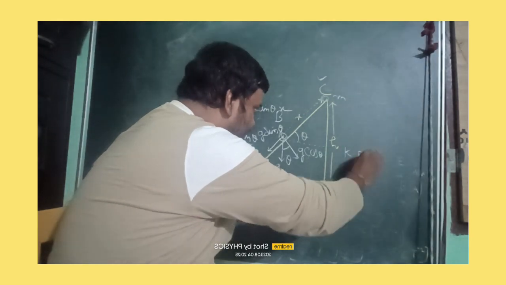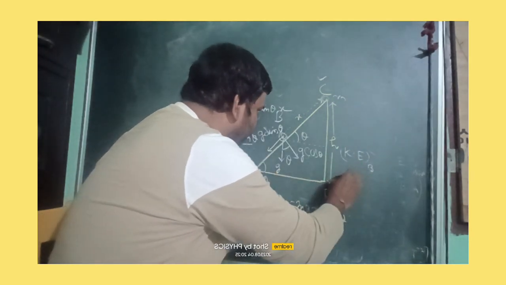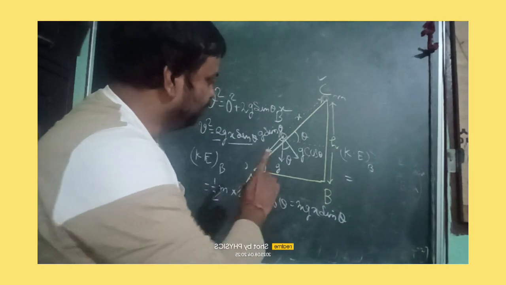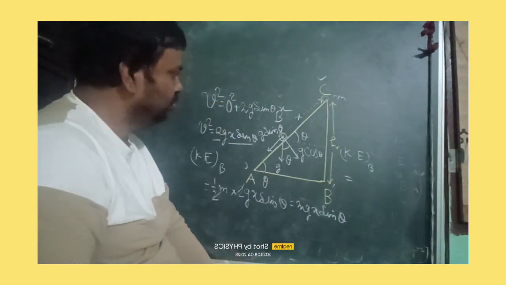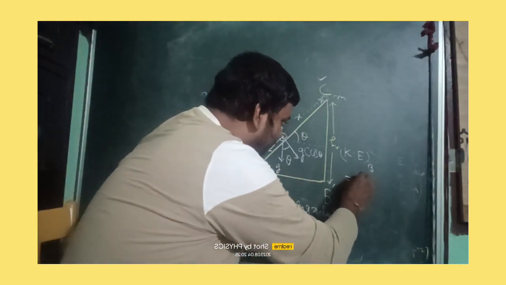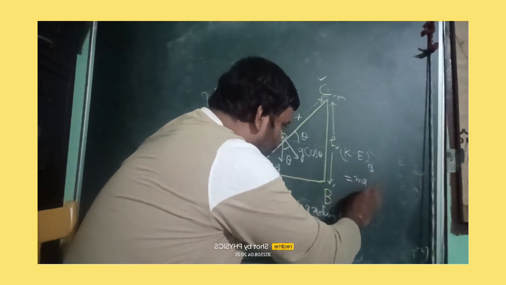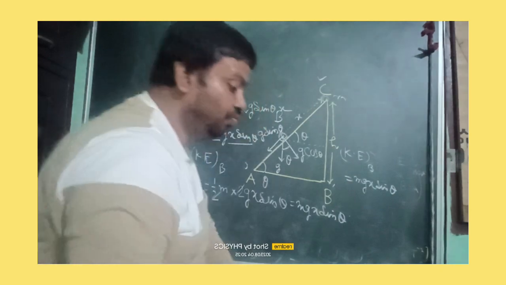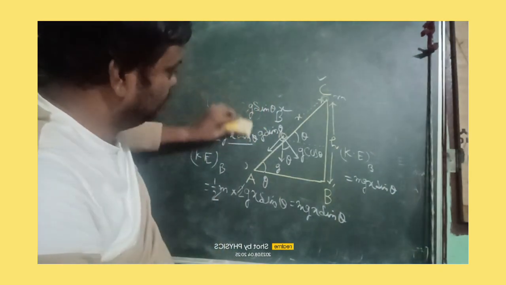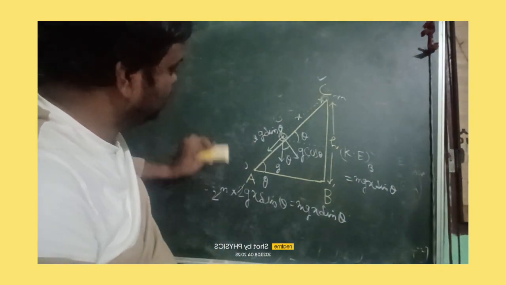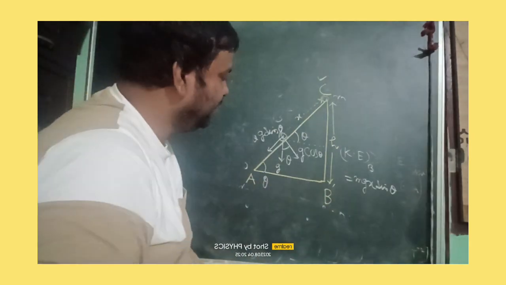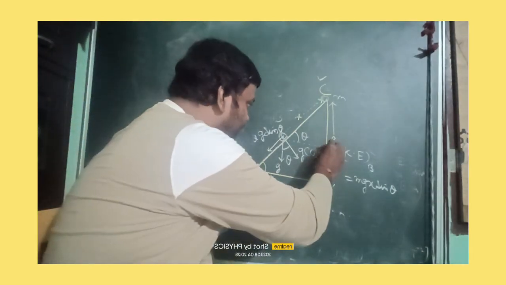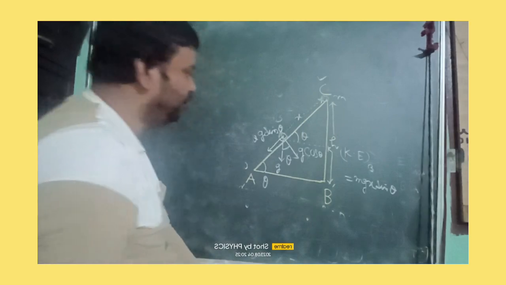Kinetic energy at the point B is mgx sin theta. Now to find the potential energy of the object, we need the height B'K.